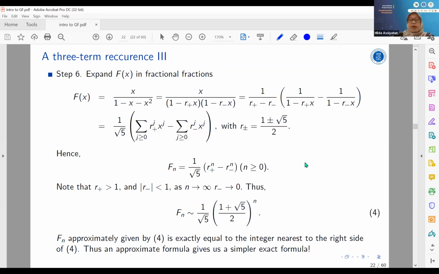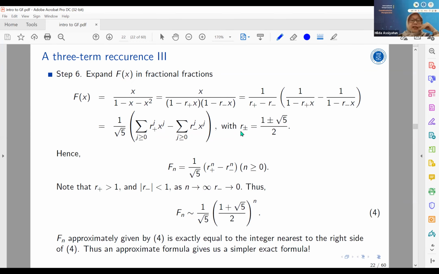Now we will look more closely at this formula. If we look at the first term, r plus equals 1 plus the square root of 5, divided by 2, and the value would be greater than 1.